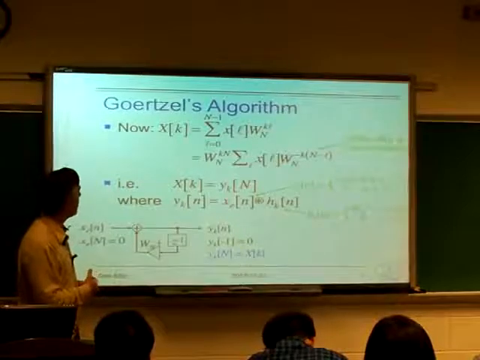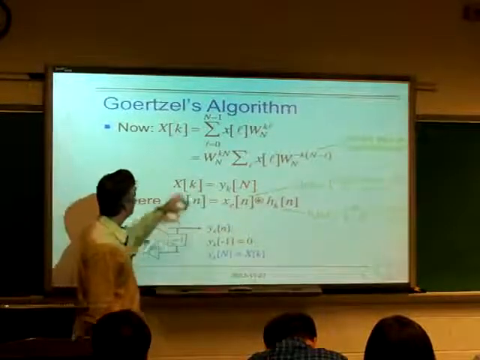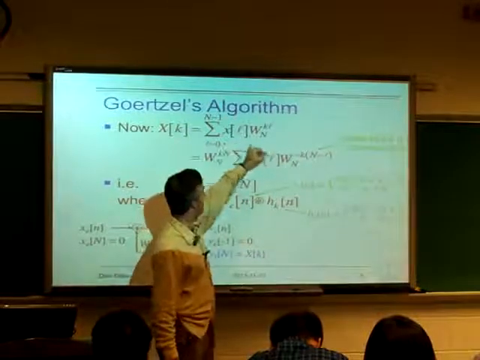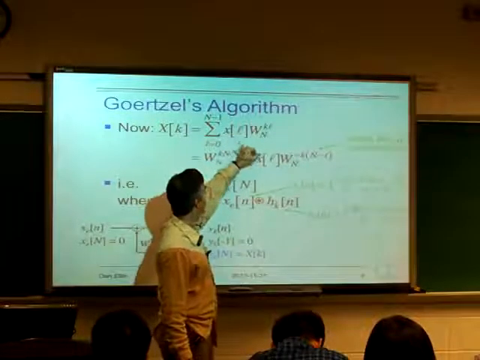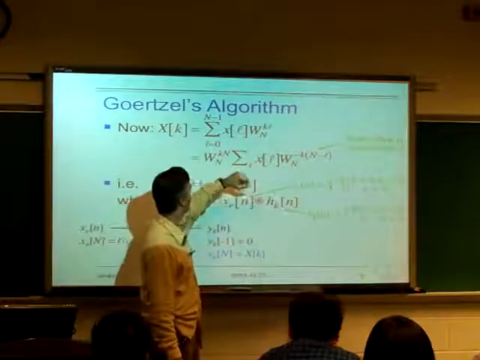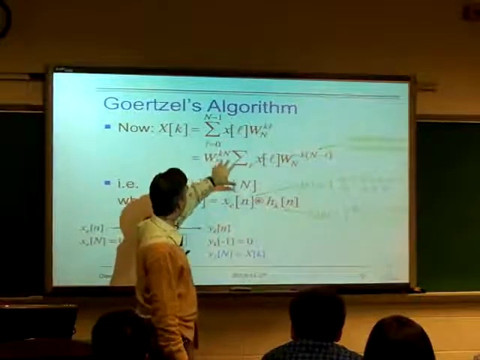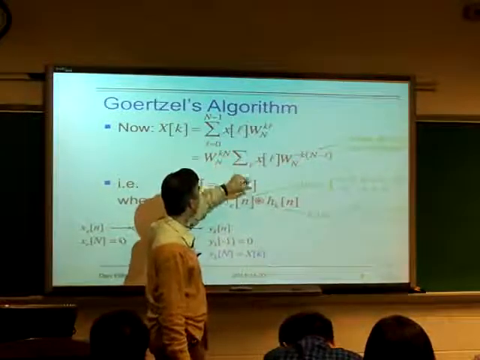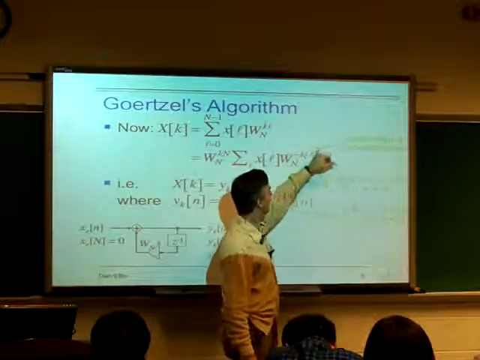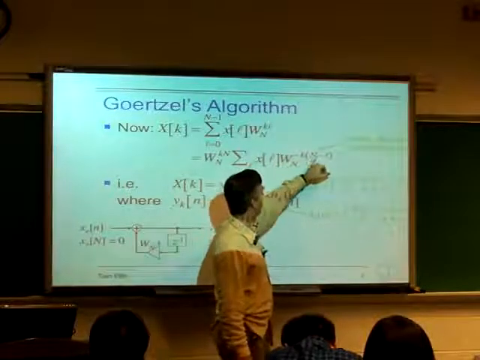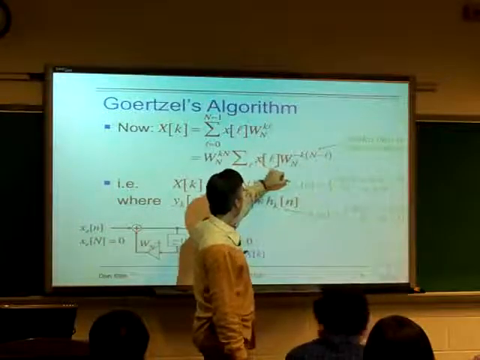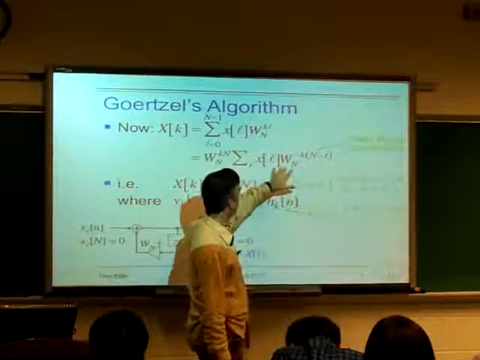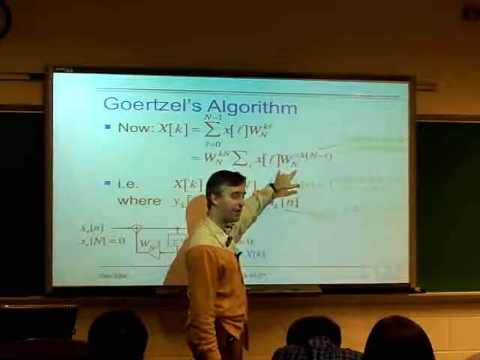So this is Goertzel's algorithm, and basically it's saying, well, if the individual X of k calculation is the sum of the x values times W sub N raised to that power, we can rewrite this like this. So we can take out a factor here. Then we get this, where we've got x of L times some function of n minus L. And this is in the form of our convolution sum, right?